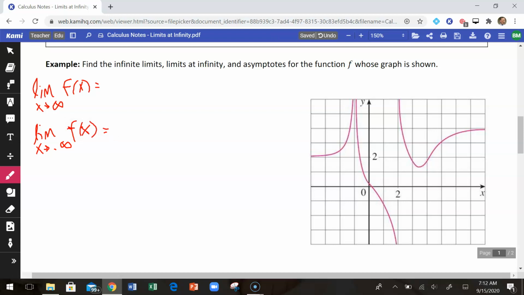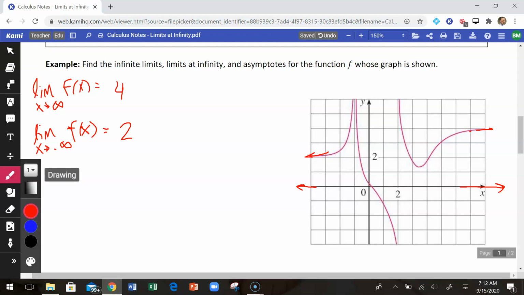For the first one, the limit as x approaches positive infinity, I want to look all the way to the right side of my graph and ask, is this thing leveling off somewhere? And yes, it is. As we go to the right forever, our graph is leveling off at a y value of 4. And the limit as x approaches negative infinity says go to the left forever, and are the y values leveling off somewhere? Again, they're leveling off at 2, just from the top of 2, but that's still fine. They're still leveling off at 2. Okay, so that answers that part.